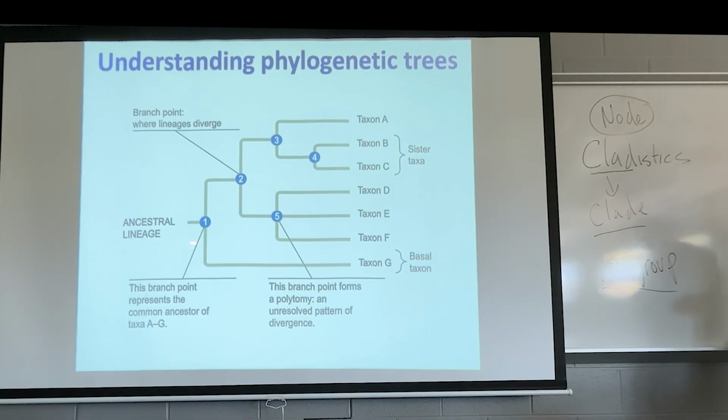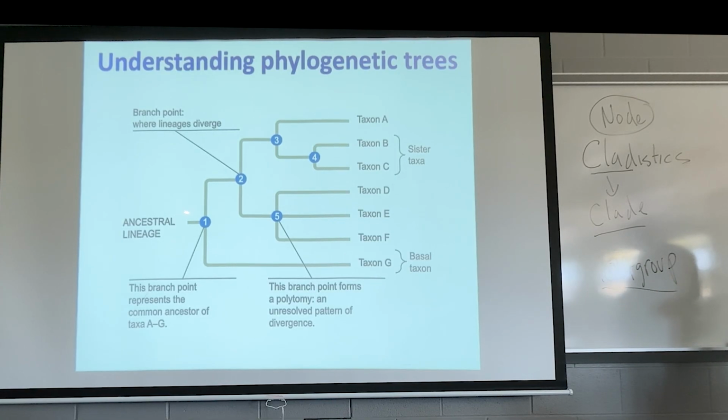So we call this group down here the basal taxon, the outgroup, and then the rest of these, A through F, are in the in group, right? They're actually part of the clade because they have all the characteristics that separate 2 from 1. And so there might be several data points, characteristics, traits that these taxa share that are not found in G.